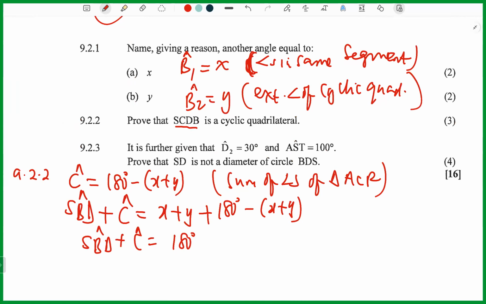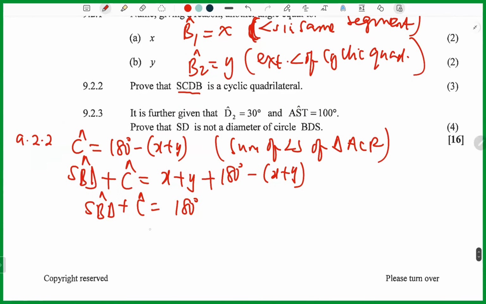And now, if the opposite angles are supplementary, and the sum is 180, it means SCDB is a cyclic quad.